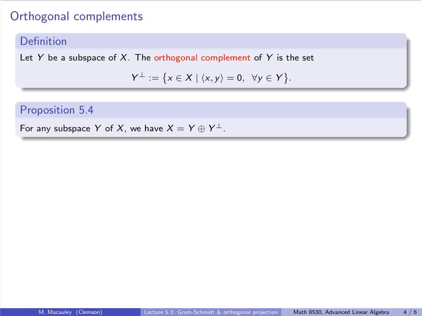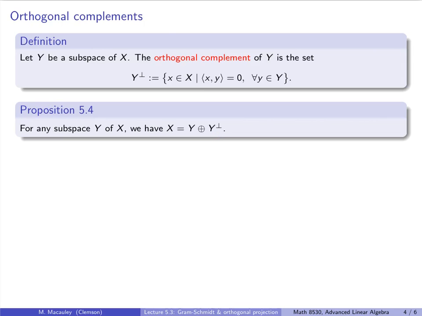Now I will prove something that's probably obvious to you. That's for any subspace Y, X is the direct sum of Y and its orthogonal complement. So how do we do this? We need to take an arbitrary element in X and show that we can write it uniquely as something in Y and something in its complement.